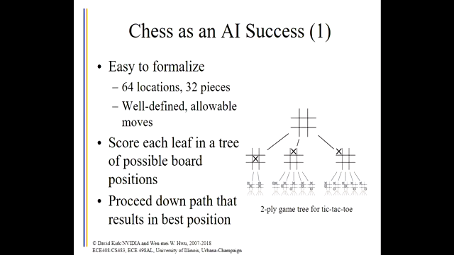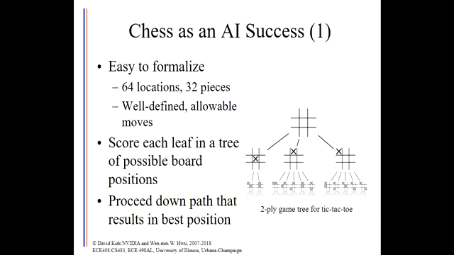So on the chessboard you have 64 locations, okay, and you have 32 pieces. So the state of the game is relatively easy to characterize, and also you have rules. You have very well defined allowable rules. So you can write a piece of code that obeys these rules and makes all the possible moves, and you can score each configuration, right?